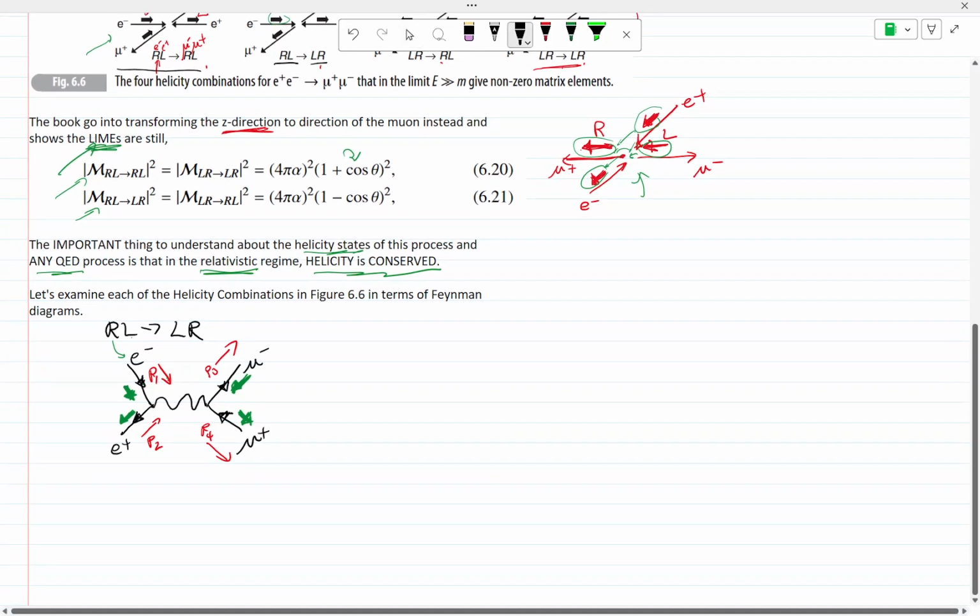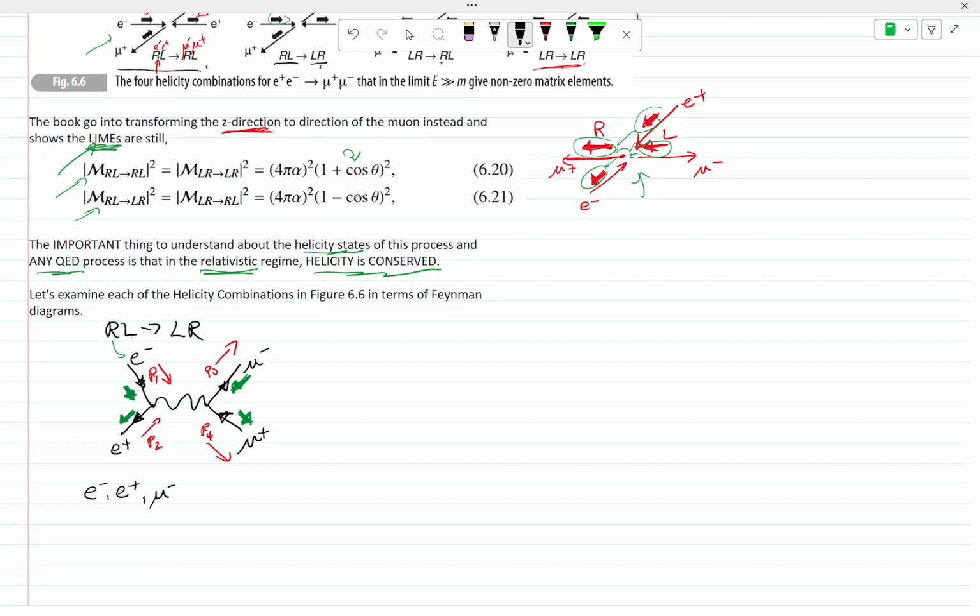Okay, so the electrons and the muons are all spin 1/2 particles. That's why they're Dirac particles.